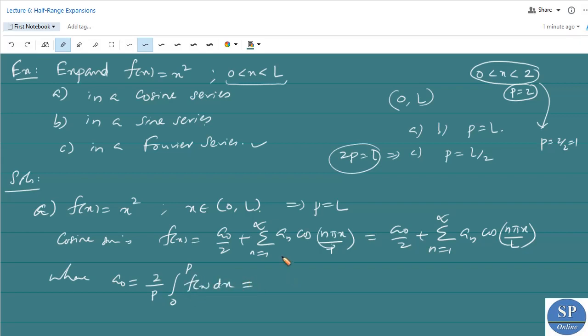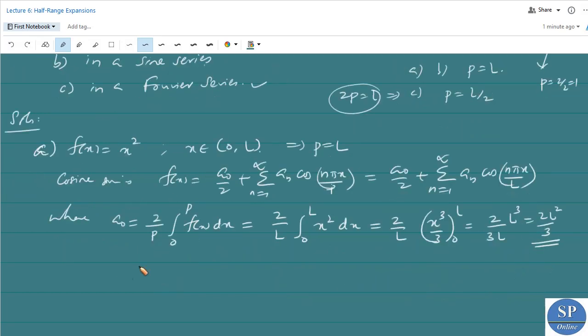This is 2 by L into integral 0 to L x square dx, that is 2 by L into x cube by 3 from 0 to L, that is 2 by 3 L into L cube, that is 2L square by 3.